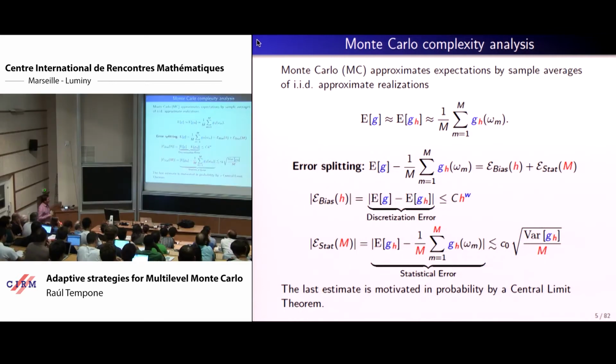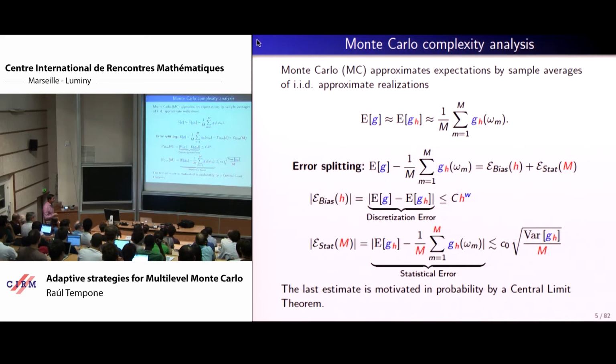So as we can see, again, we have two contributions here, one coming from H, the other coming from M, and as long as the problem is reasonably well-posed and there's nothing strange, this variance is uniformly bounded with respect to H. And therefore M is essentially the quantity that governs the statistical error. Again, if the problem has a singularity of some kind, maybe this is not completely true.